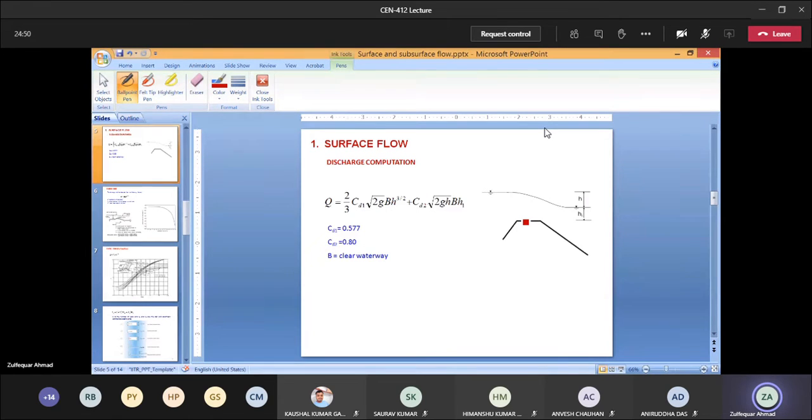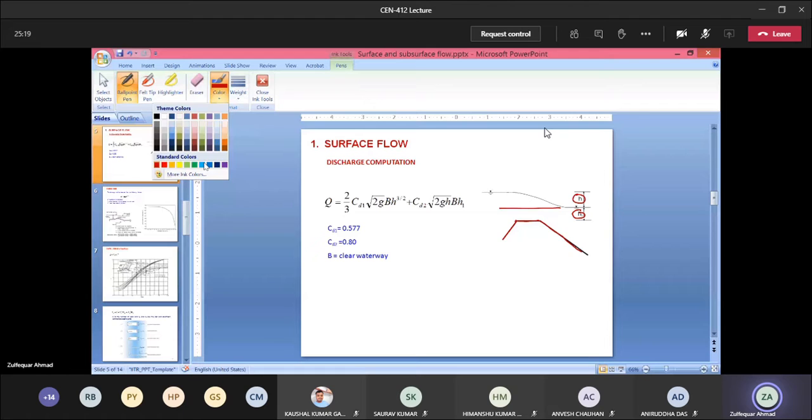Now you can see here on the right hand side, I have shown only the crest part, and the downstream water level is H1. I mean this height is H1. And the difference between downstream and upstream water level is H. Here the discharge which is passing through this is being split into two parts.